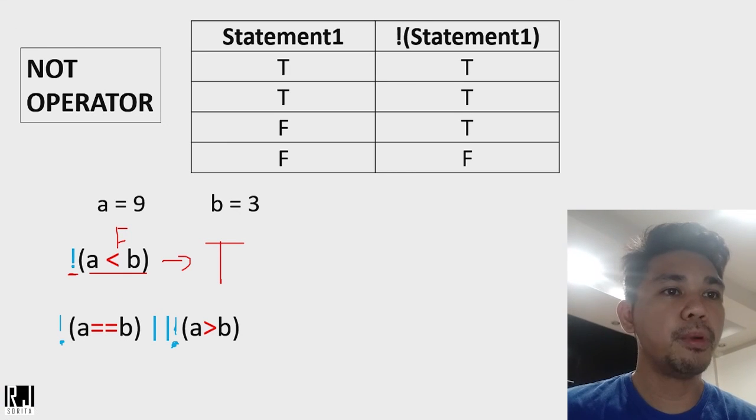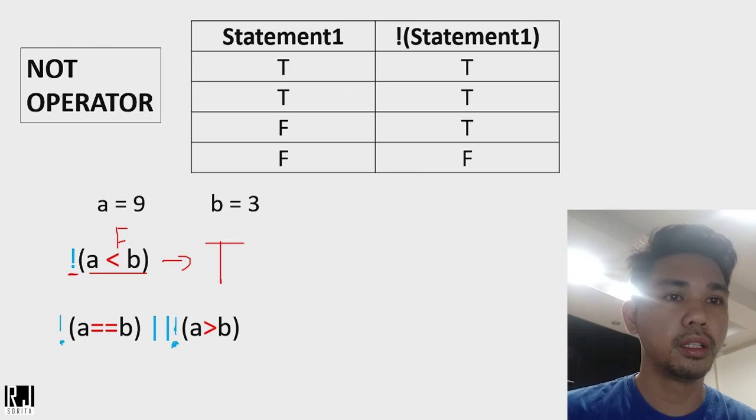So the second example, we have not A is equal to B and not A greater than B. So A is 9, B is 3. Of course, this is a false. This one is a true.